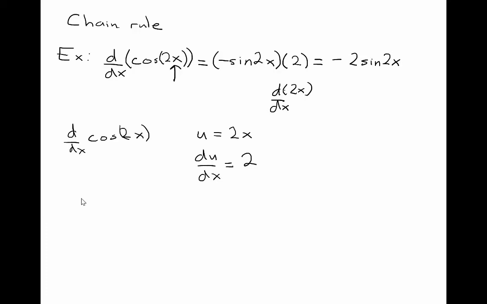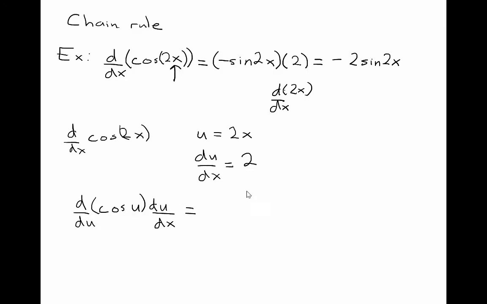What we want to do is take the derivative of the big function, but now instead of writing cosine of 2x, we're just writing cosine of u, remember, because we've said that u equals 2x. Now we're taking the derivative as a function of u. Then we multiply that times the derivative du dx.